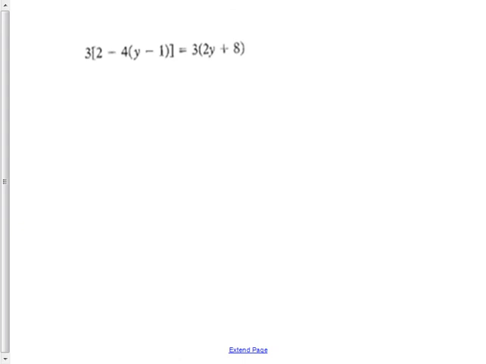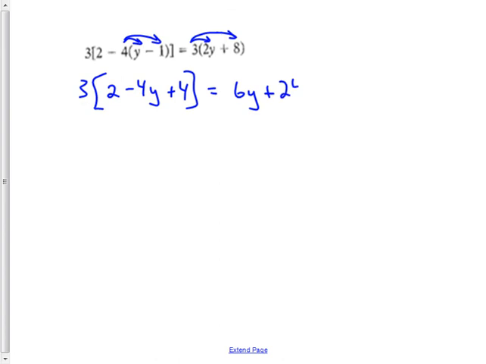Here's where the challenge part starts coming in. Look at all the sets of parentheses. We even threw in a set of brackets. Okay? But it's really the same thing. If you see parentheses, do the parentheses. So I've got 3 bracket 2. Negative 4 times y is negative 4y. Negative 4 times negative 1 is plus 4. Now the parentheses went away because I used that distributive property.